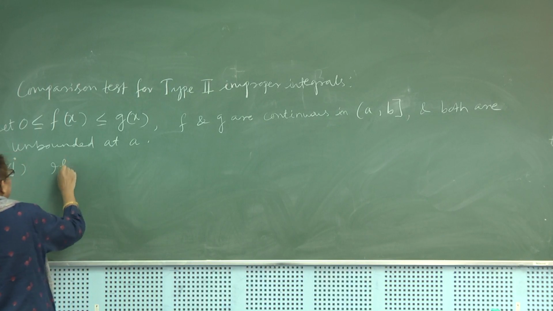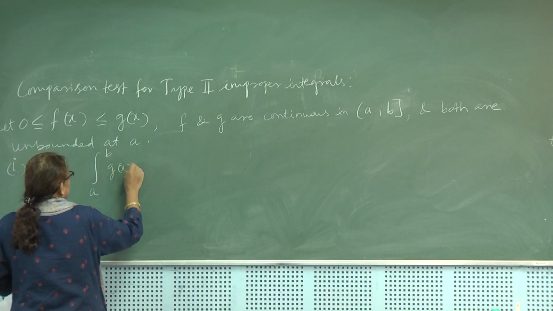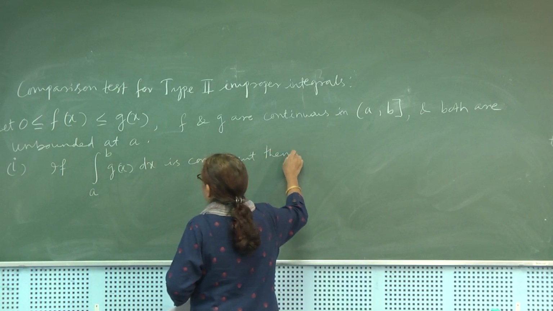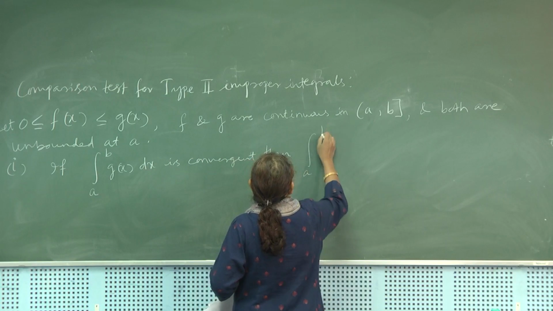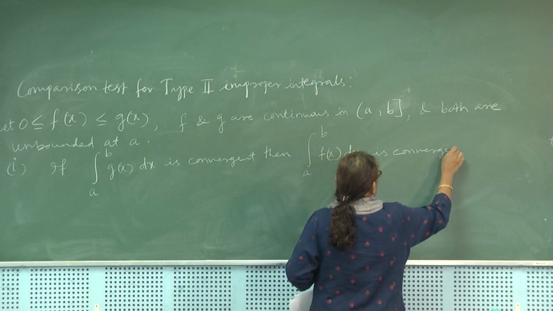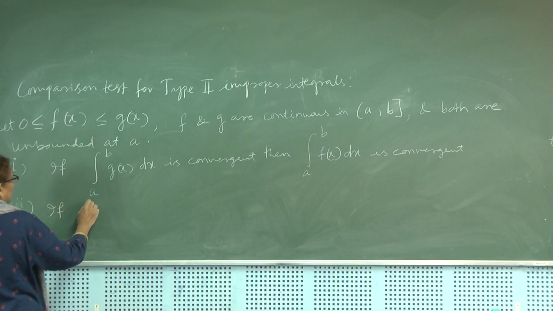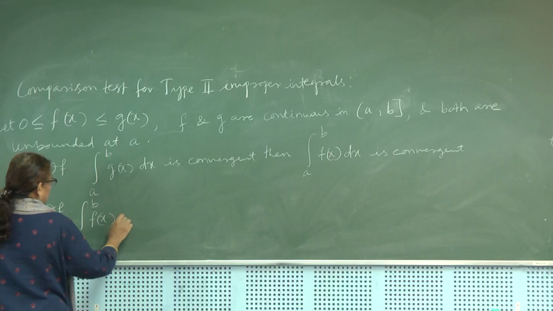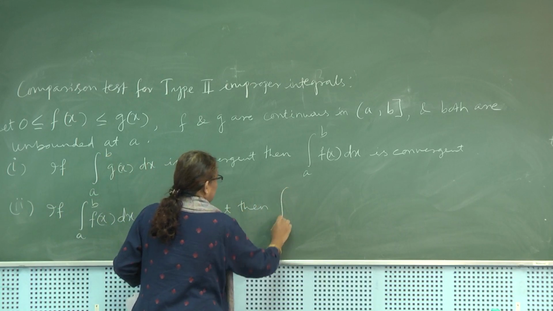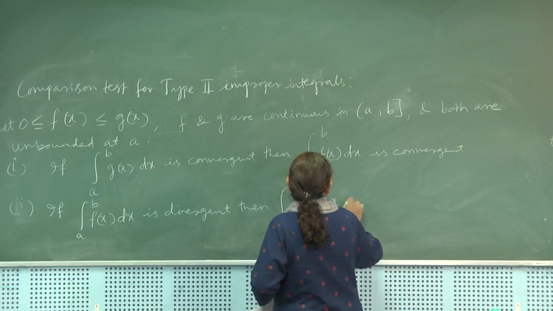If the improper integral a to b g x dx is convergent, then similarly the integral a to b f x dx is convergent, and if the integral a to b f x dx is divergent, then the integral a to b g x dx is divergent.